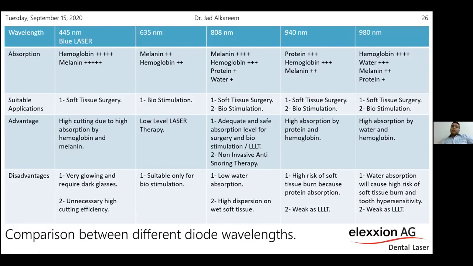Plus, the 808 has the ability to improve collagen production in our body. So it will initiate the collagen production, and the collagen is responsible for tightening your tissue. That's why the 808 can be used to treat patients who complain from snoring. For a patient who complains from snoring, usually they have a problem in their soft palate.